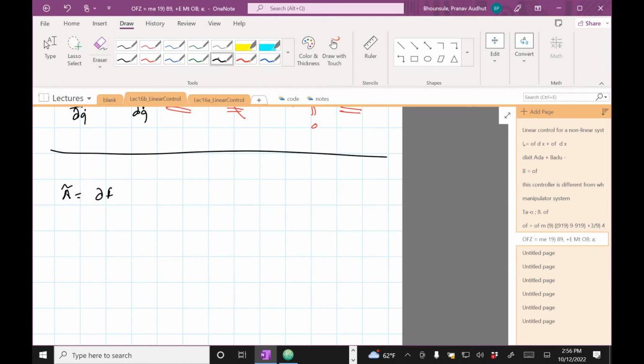A tilde is dF dx, which equals the block matrix with 0 and I on top, and on the bottom, minus M inverse dG dQ plus M inverse times the summation of dB dQ u j, where the summation is over indices j, and then 0.